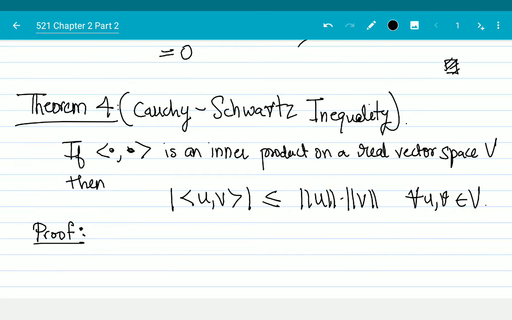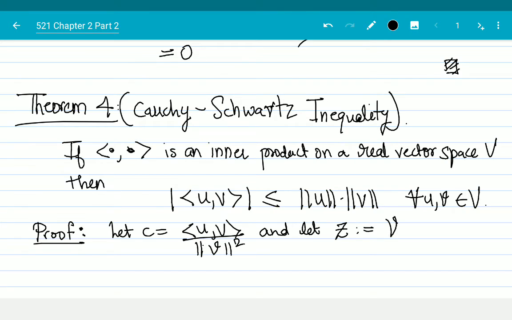The idea is going to be to use orthogonal projections. So let C be equal to ⟨U, V⟩ over norm of V squared, and let Z be equal to U minus CV.